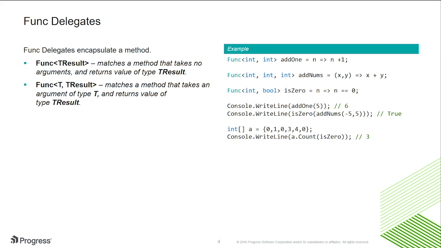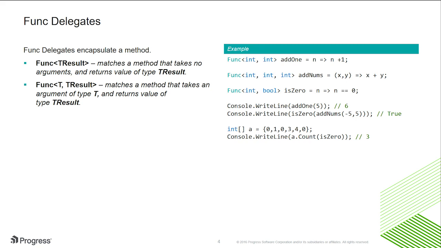Right. So again, these would just simply output some things to the console. The last example, the last line there that says console write line, a count is 0, that's a nice little handy one there because we're using the LINQ function count, and LINQ usually wants something like the expression that's in the func itself, this n double equals 0, right?